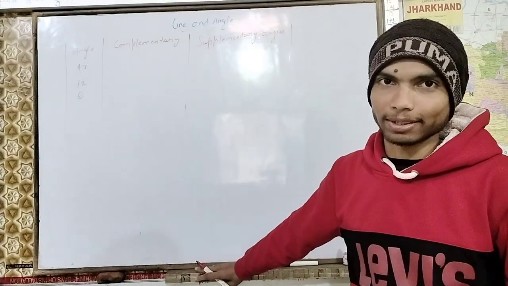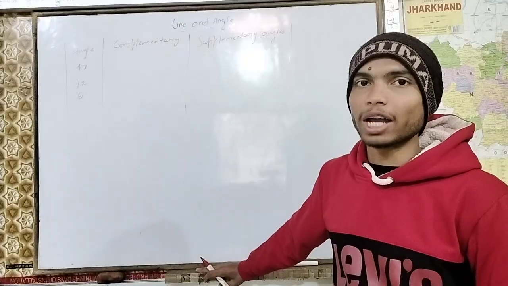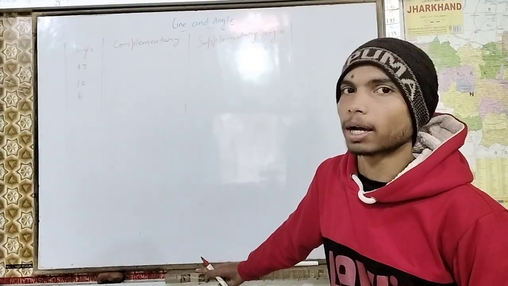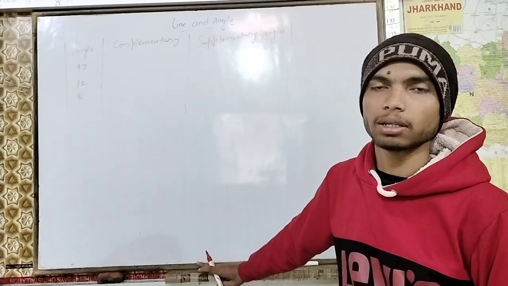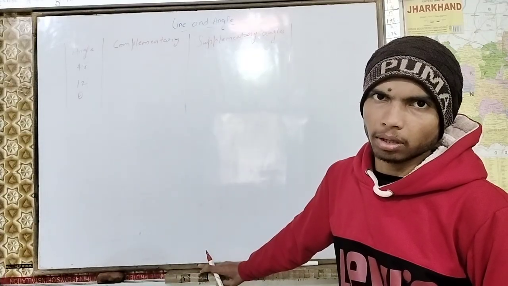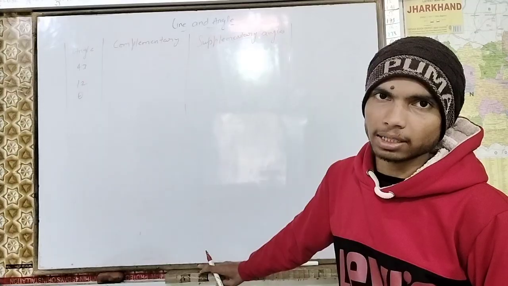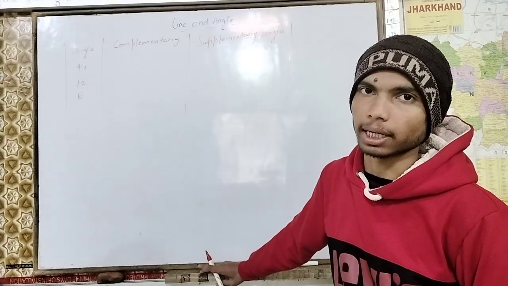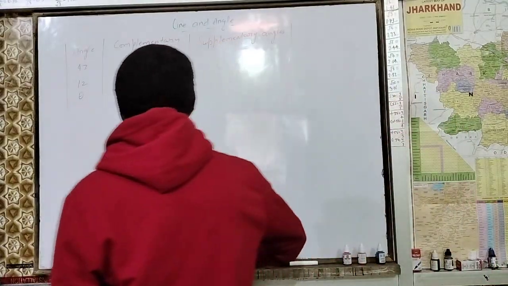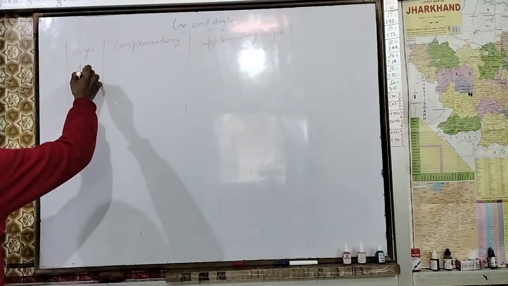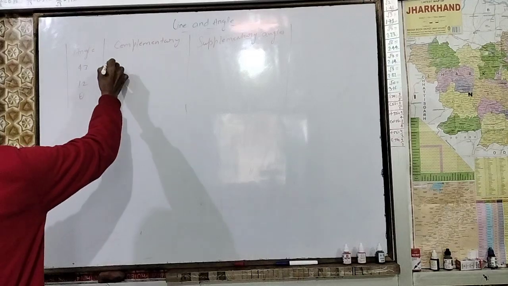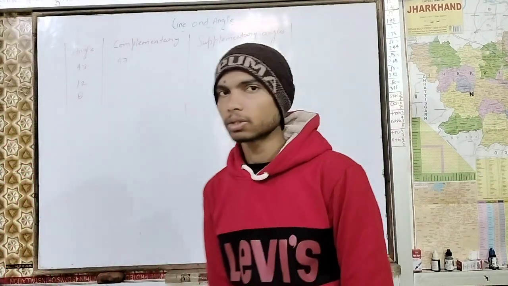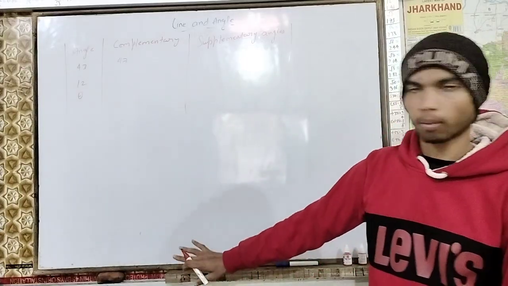If there is one angle whose value is 43 degree, complementary means 90 minus the given angle. 90 minus the given angle will come out as the second angle, which will be complementary to 43. So here we subtract this from 90, and it comes out as 47. We just subtracted it from 90.